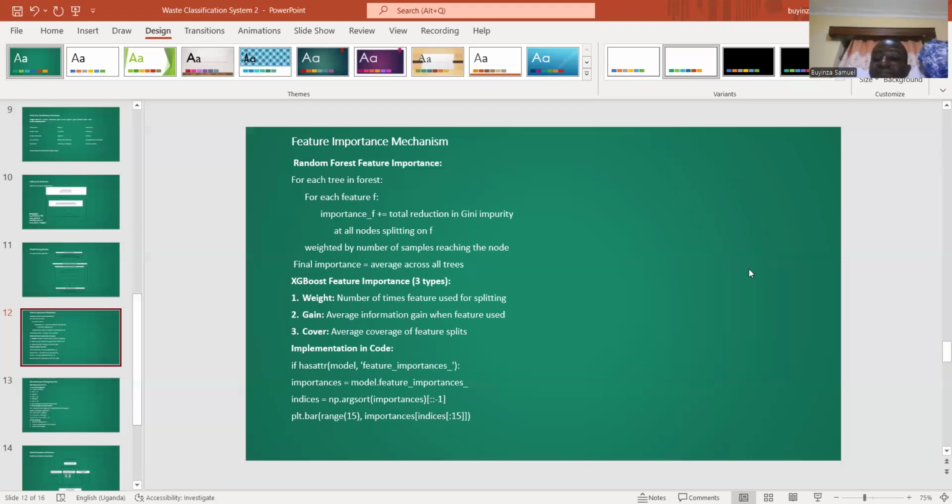So, implementation in the code. Just as I earlier mentioned, during the implementation of the code, we majorly look at the model's feature importances, where we have the importances being equated to the model feature importances.